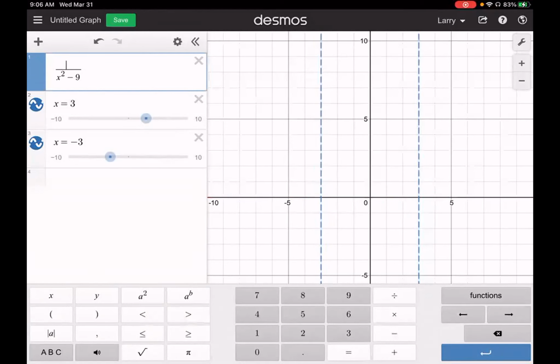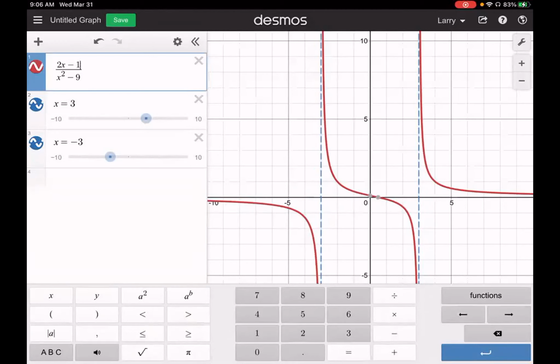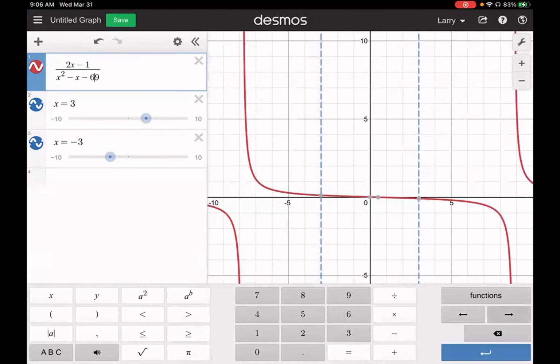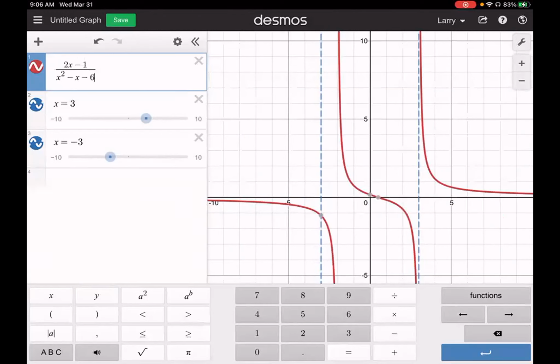There we go: 2x minus 1 over x squared minus x minus 6. As you can see, my asymptotes appear to be off.